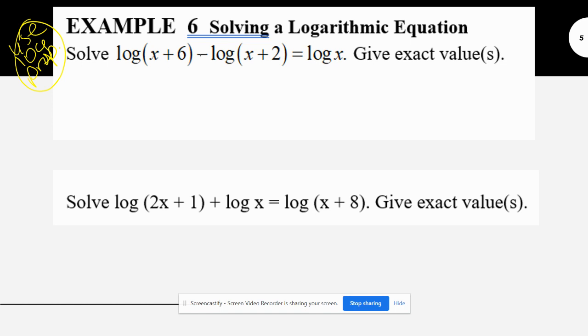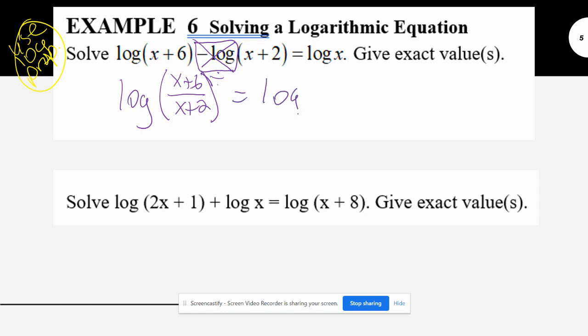In order to get one log on the left, we're breaking this out. Remember that subtraction started as division. So on this left side, I really have x plus 6 divided by x plus 2. And that equals log of x.